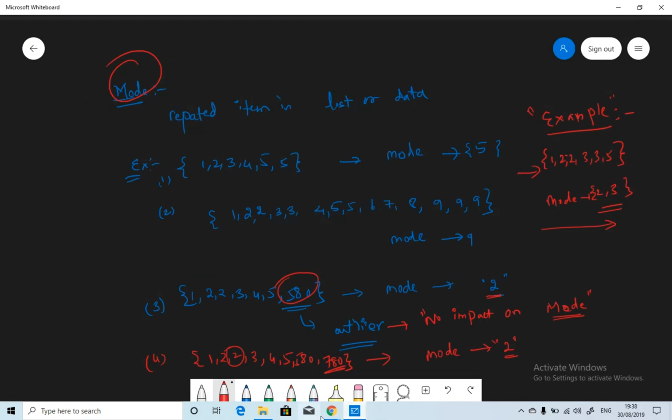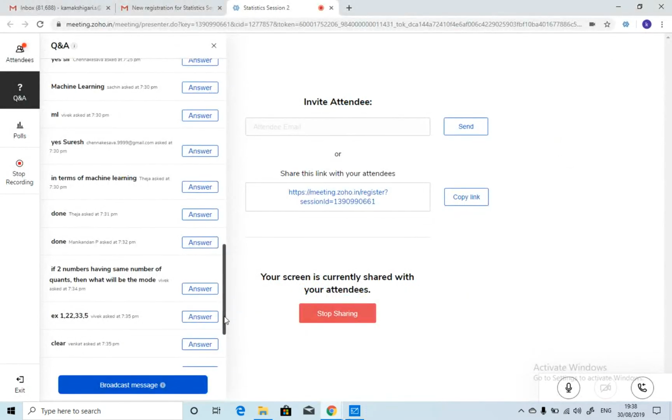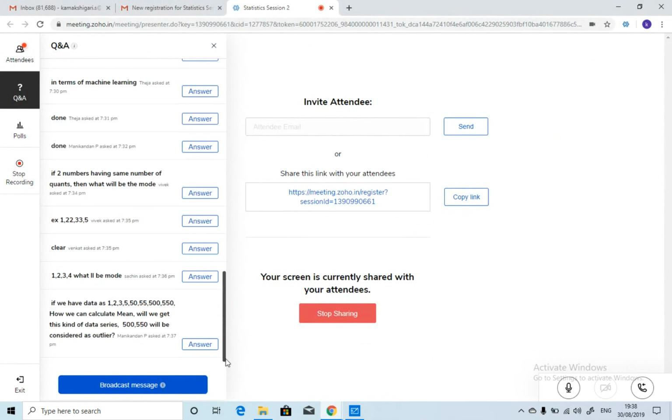Okay. I hope everybody noted down. If you have data of 1, 2, 3, 5, 550, 550, how can we calculate the mean? Here the mean will be normal only, right?